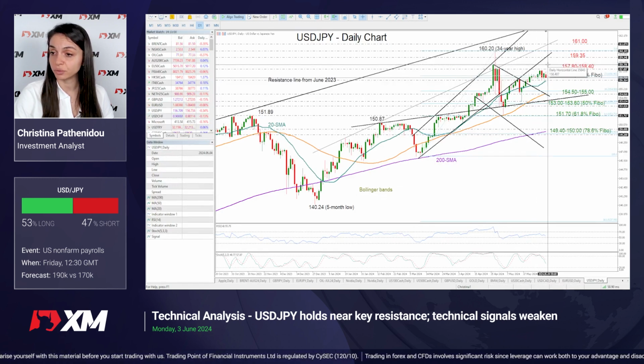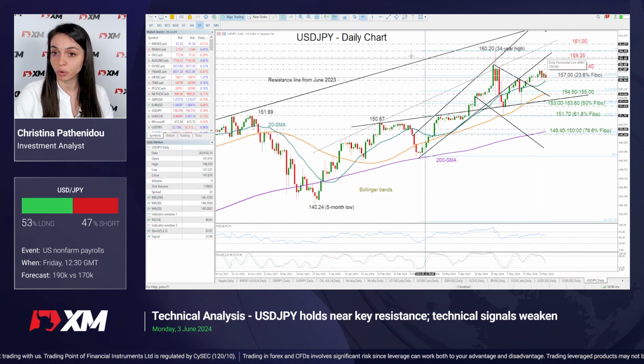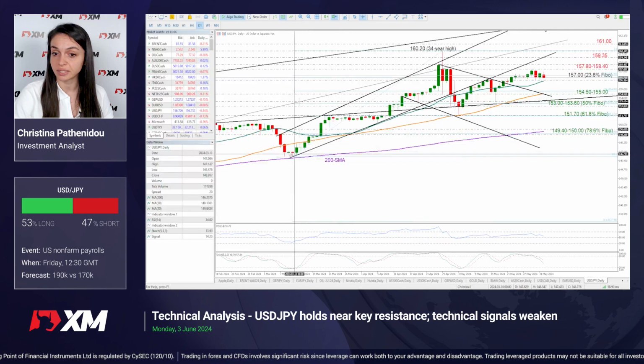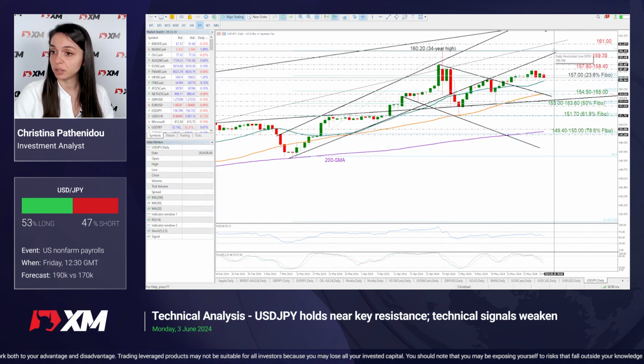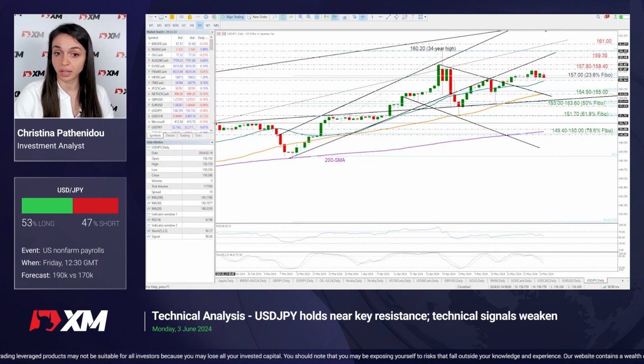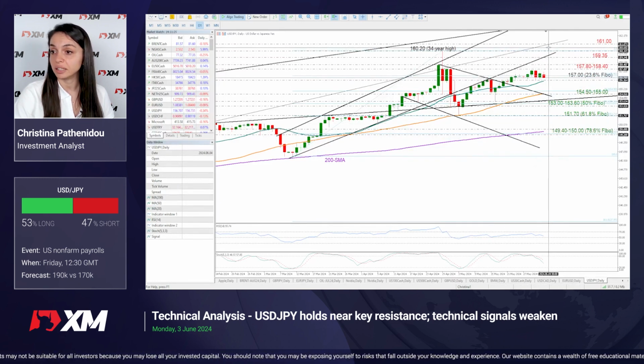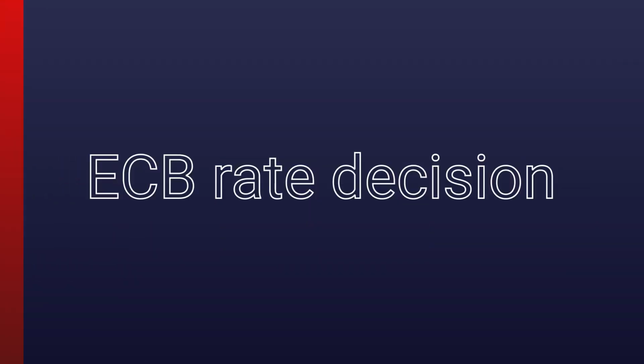If we successfully overcome that wall, then the attention will turn to the 159.35 region. This is where this broken support and resistance trend line is located. And while the 160.20 peak from the end of April could also come into view, higher than that, the rally could stretch towards that thin ascending line at 161.